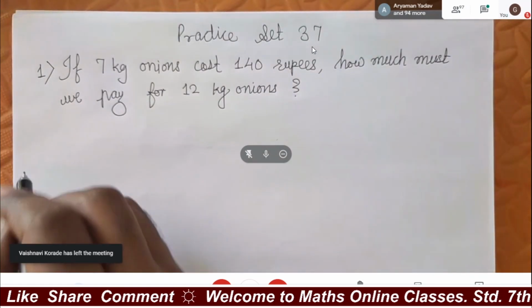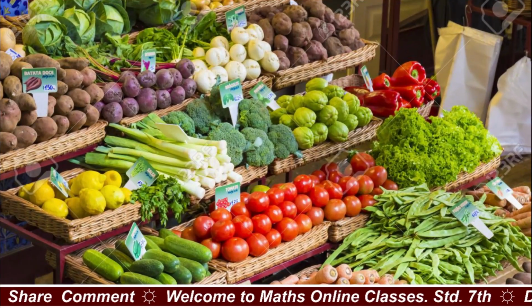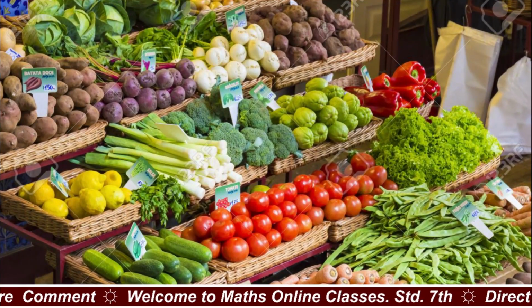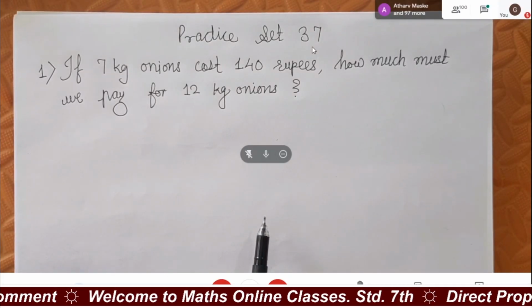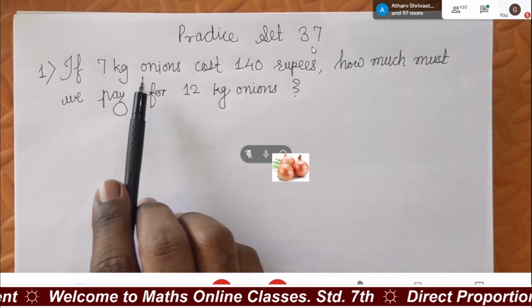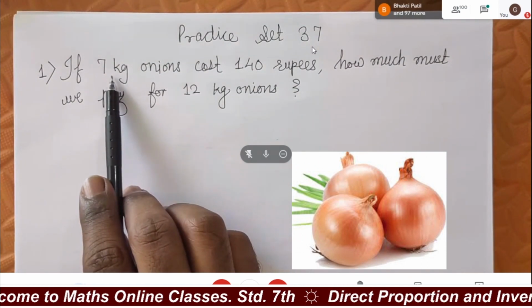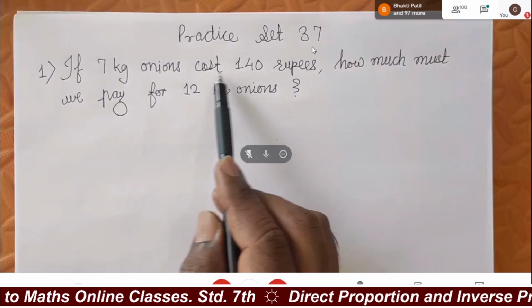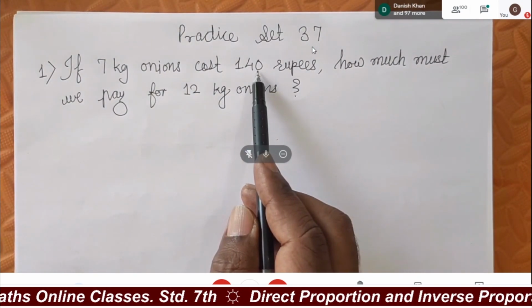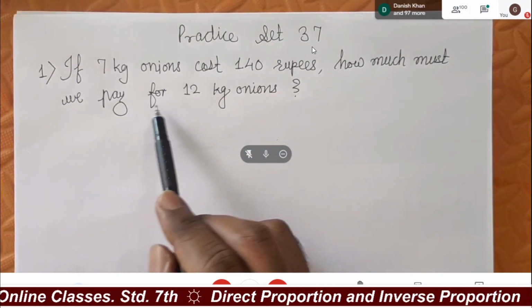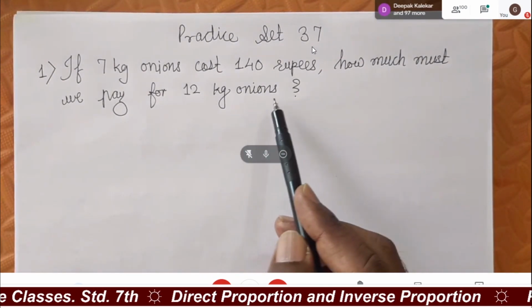Many of you go to the vegetable market and purchase onion, potato, tomatoes. So here is an example of onions. If 7 kilograms of onions cost 140 rupees, how much must we pay for 12 kg onions?